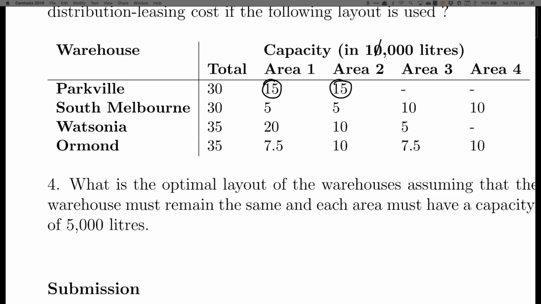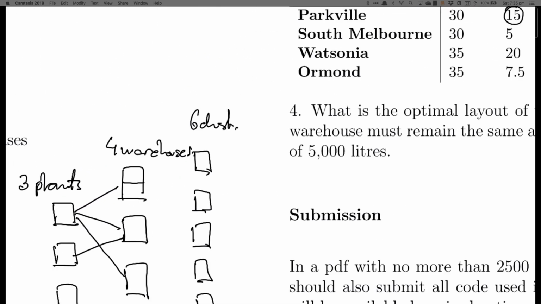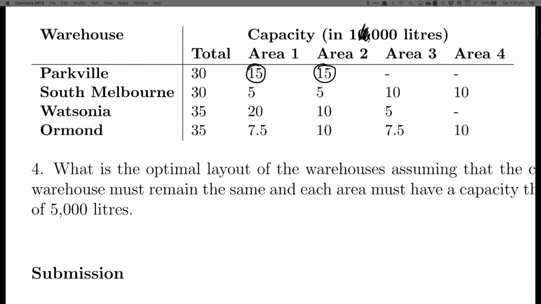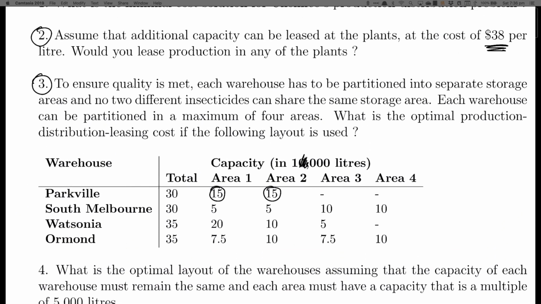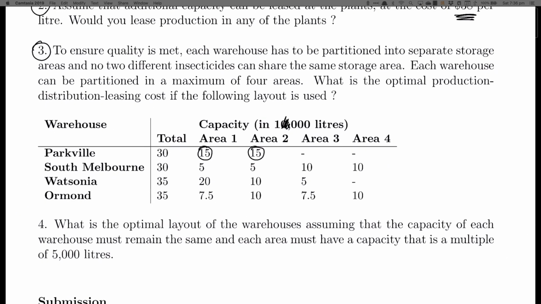Sorry, this should be 1,000 liters. So this should be 50,000 liters, 50,000 liters. I'm going to update the PDF. So the idea is now, if you want to use this area of the warehouse, you can only put one kind of chemical there. So does it change your cost? Does it change your optimal solution?